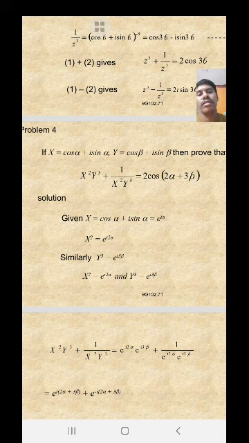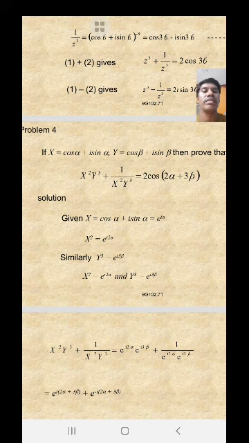and similarly we can write y power 3 equals e power i into 3 beta, because y is also expressed as cos beta plus i sin beta. The difference is alpha is replaced with beta.